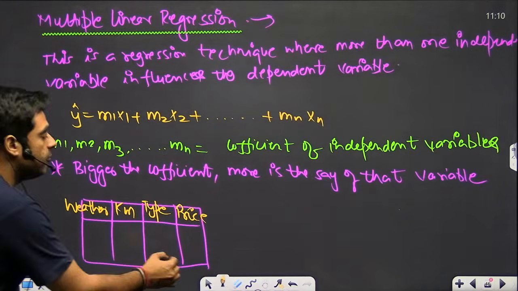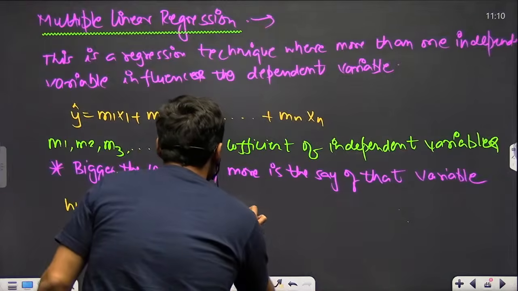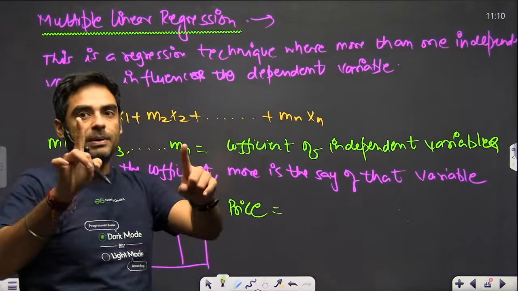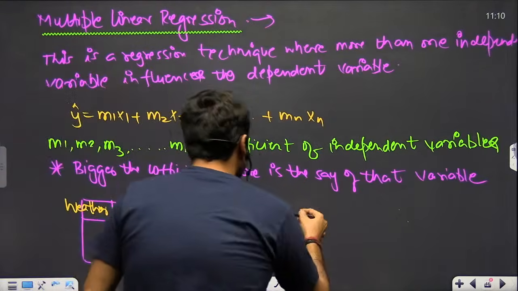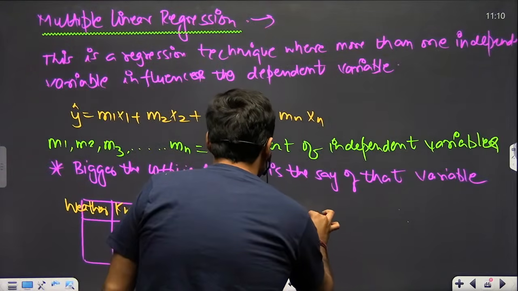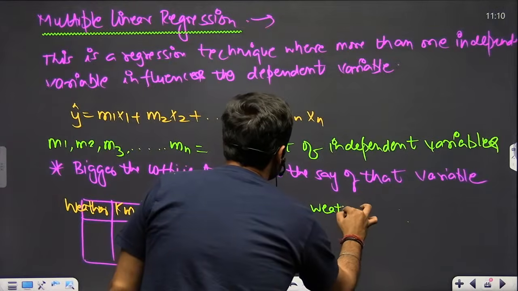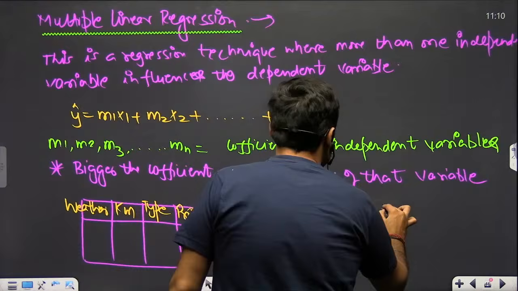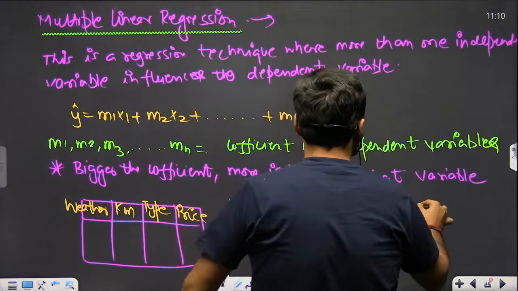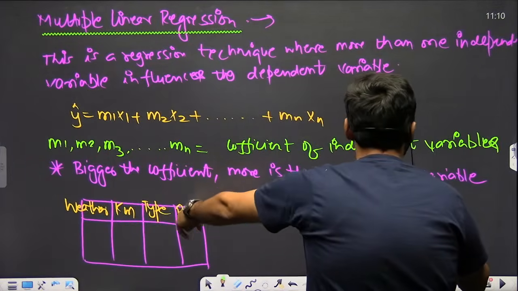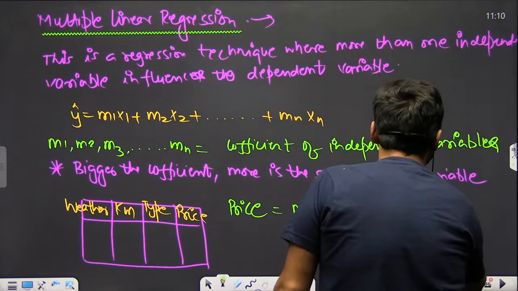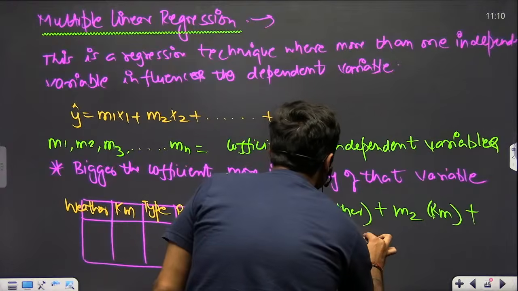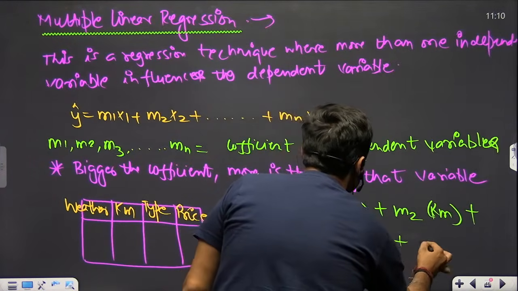Now if I want to make a multiple linear regression model, how can I make this? Price would be equal to m1 into weather plus m2 into kilometers plus m3 into type of vehicle plus c.